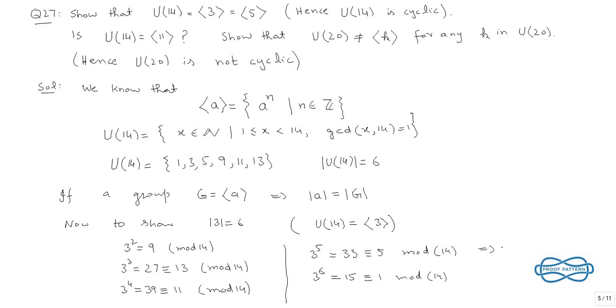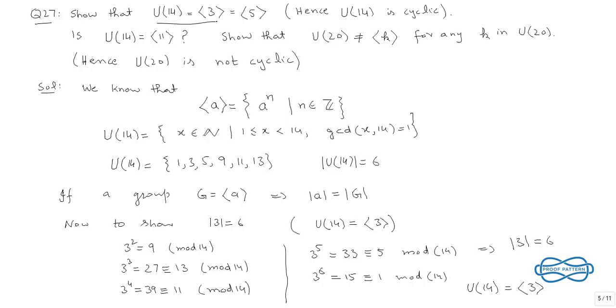This means the order of 3 is equal to 6, and hence the unitary group U14 is generated by 3, and that is what we wanted to show.